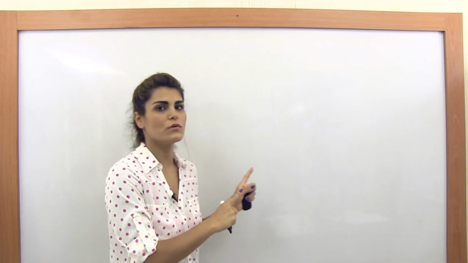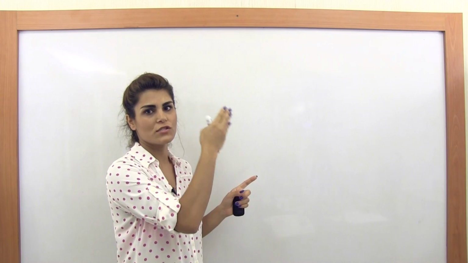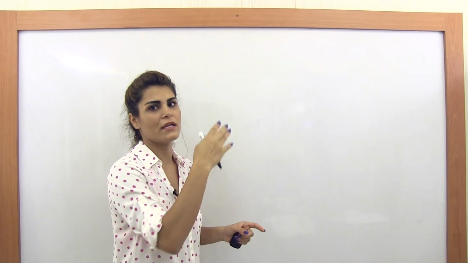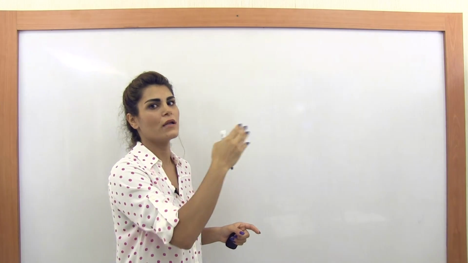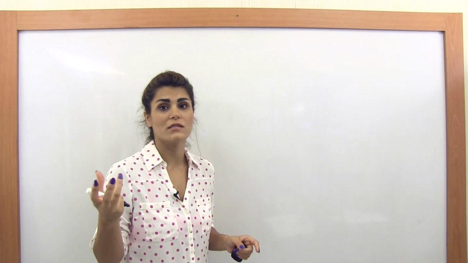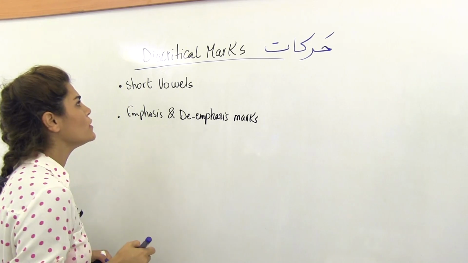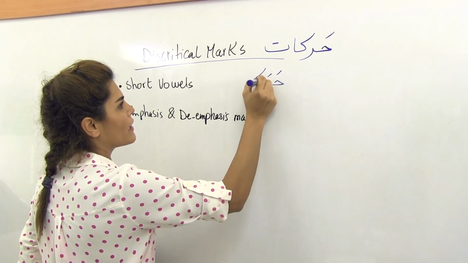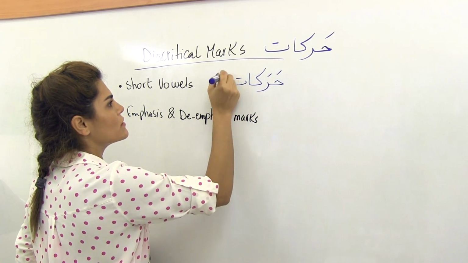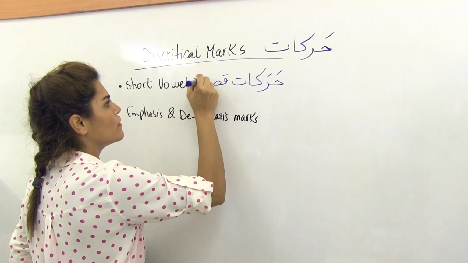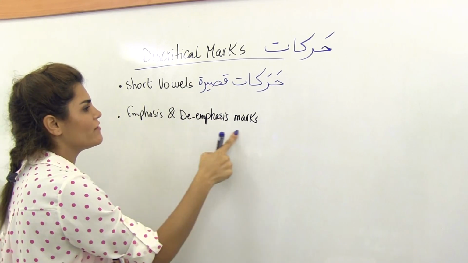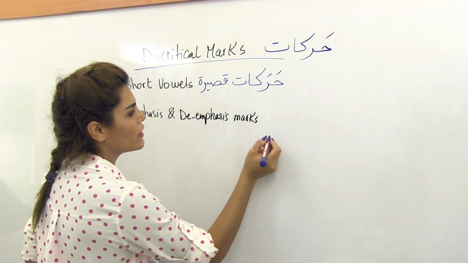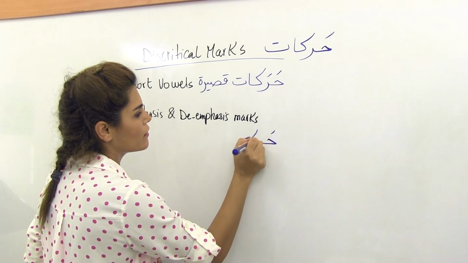So now I'm going to write them all together and explain step by step how they sound with the letter, what their role is, and what they mean. Short vowels, حركات قصيرة. Emphasis and de-emphasis marks, هي حركات.